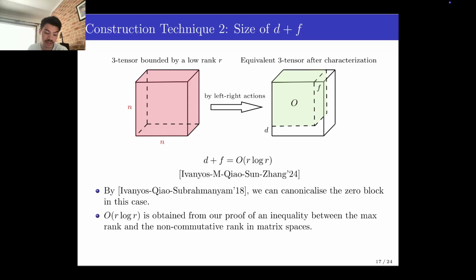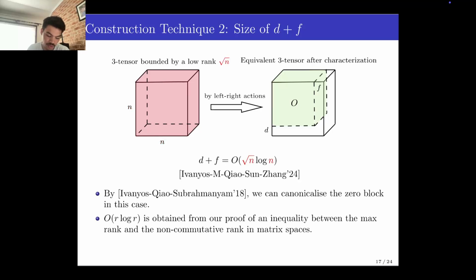I'll talk about non-commutative rank a little bit later, but how this fits into the running time of the algorithm is, say that we have this n by n by k kernel space, and this kernel space is rank bounded by R, and we know that this R is square root of n.